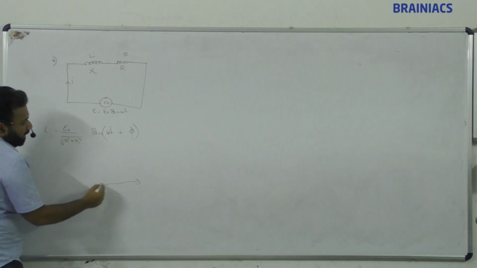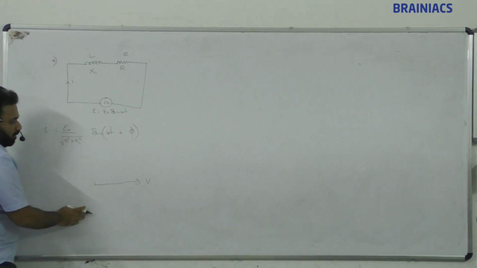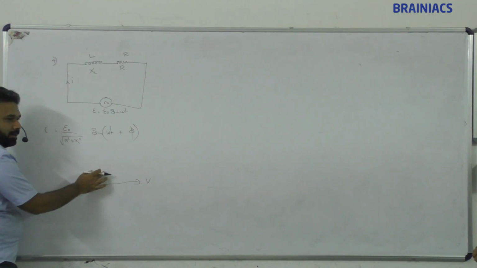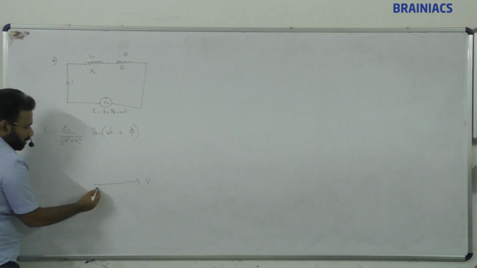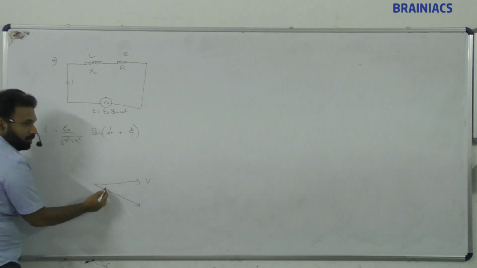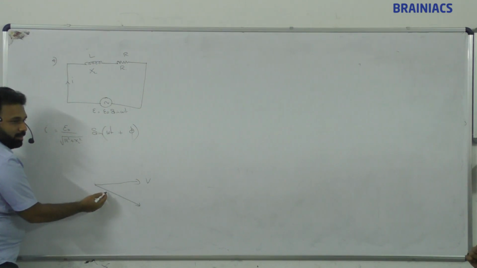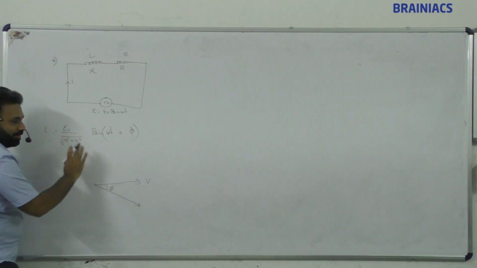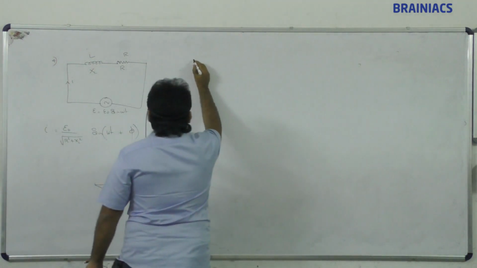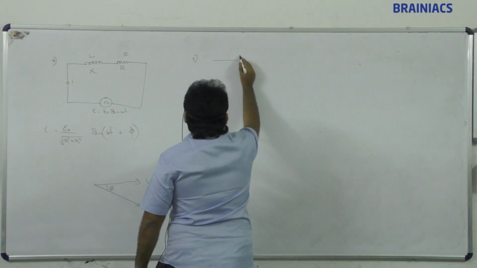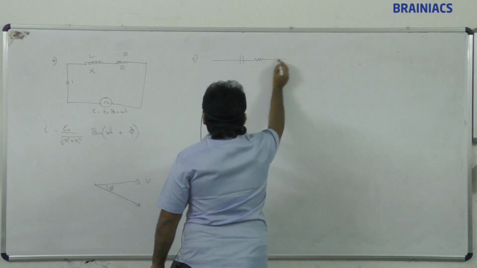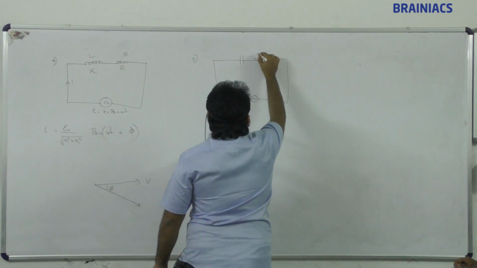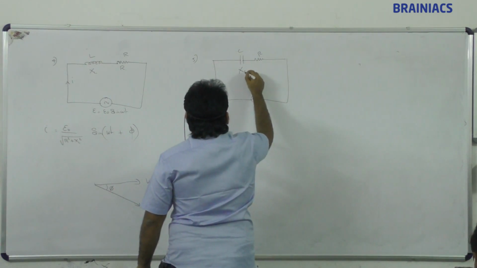If this is V, where should I draw the current? We will have to find out. So now capacitance and resistance: R, C, X_C, E.